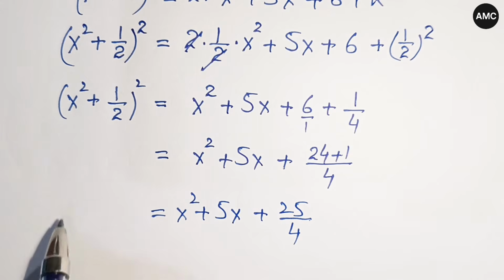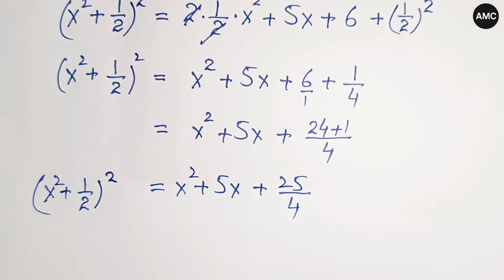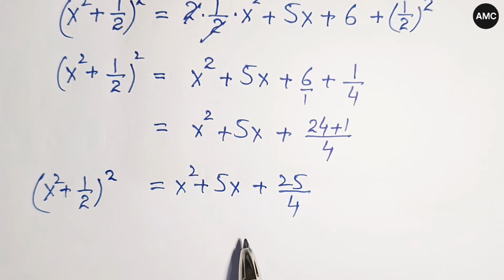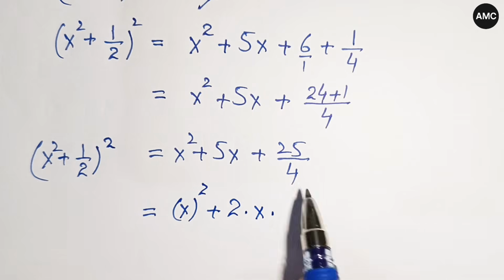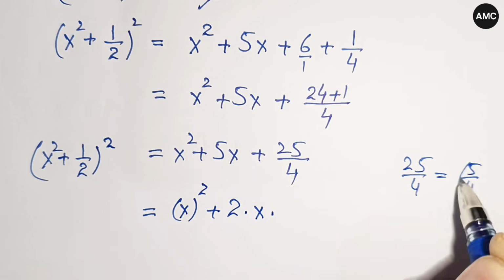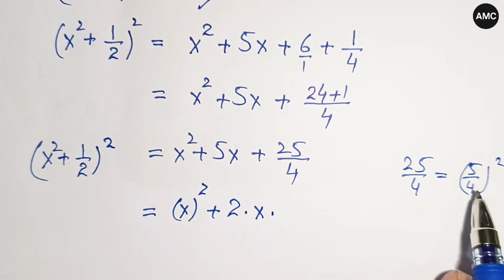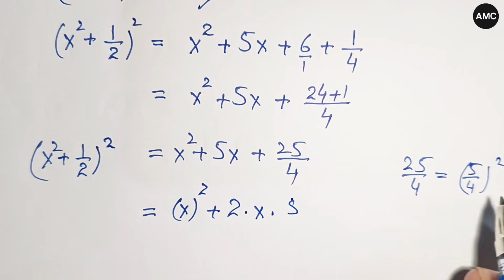Now our left hand side is x squared plus 1 over 2 whole squared. Here we have to make this a perfect square. For this purpose we write x whole squared plus 2 times x times, this 25 over 4 is written as 5 divided by 2 whole squared.